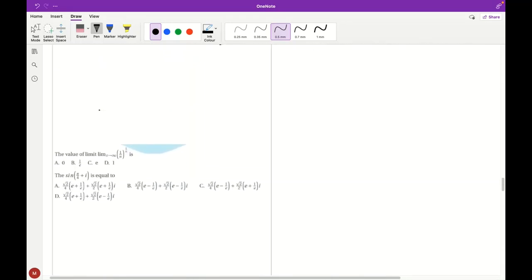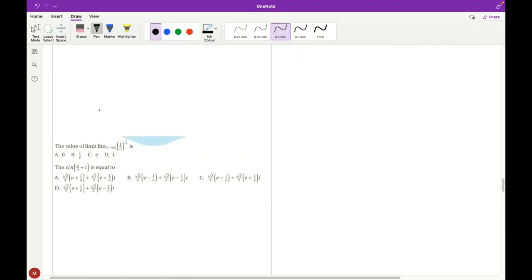Now come to another question, which is a limit question. Limit n tending to infinity of (1 over n) to the power 1 over n. Write this question.